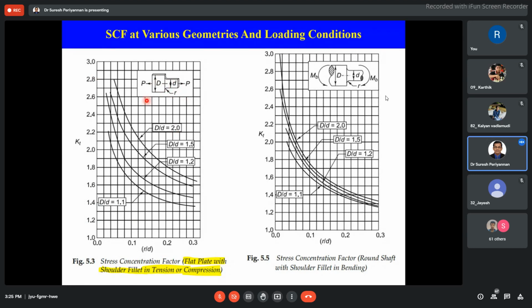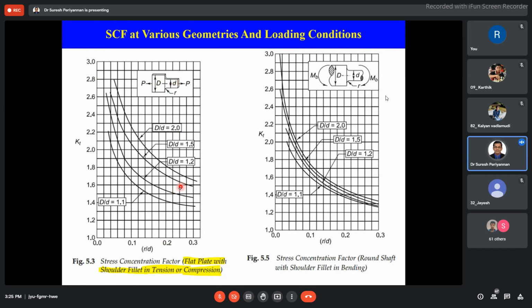For example, I am taking 0.2 as the ratio between fillet radius r and shoulder width d. My capital D by small d ratio is going to be 1.2. Then what is the stress concentration factor for my component design?